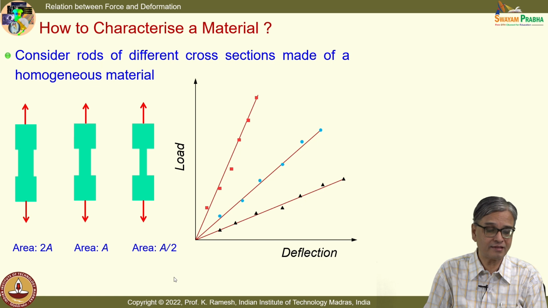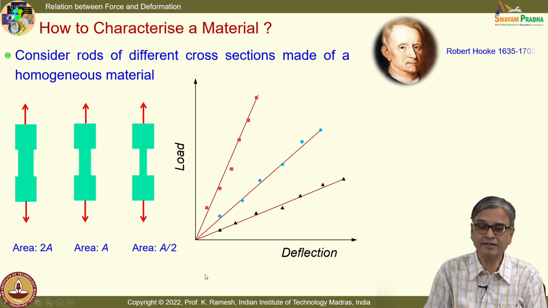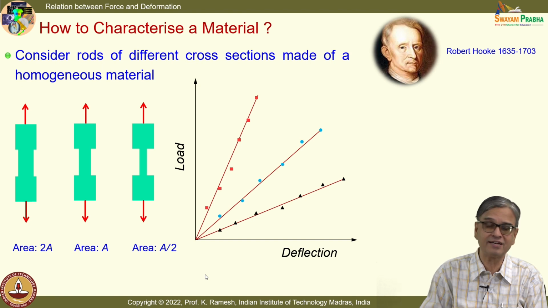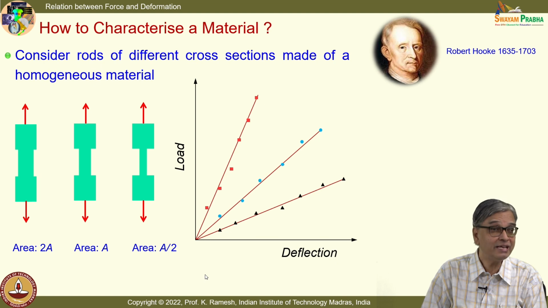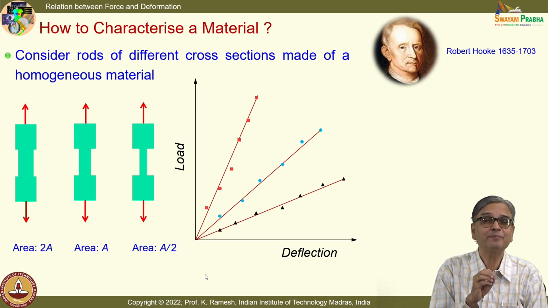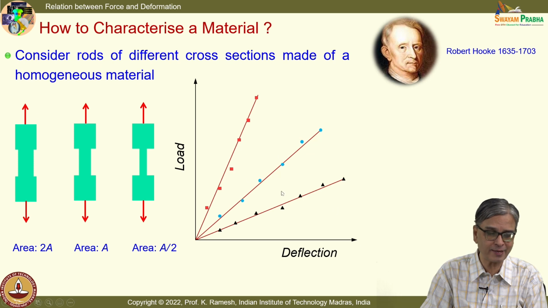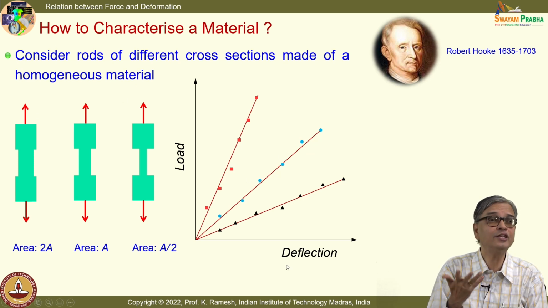This is what Hooke was credited for, and we have also seen that he determined this in 1660, but revealed it to the public only in 1678. This was his basic contribution. That means what? If you have to design a particular cross section for a given application, you should have this force displacement relationship, only then you will know its behavior.